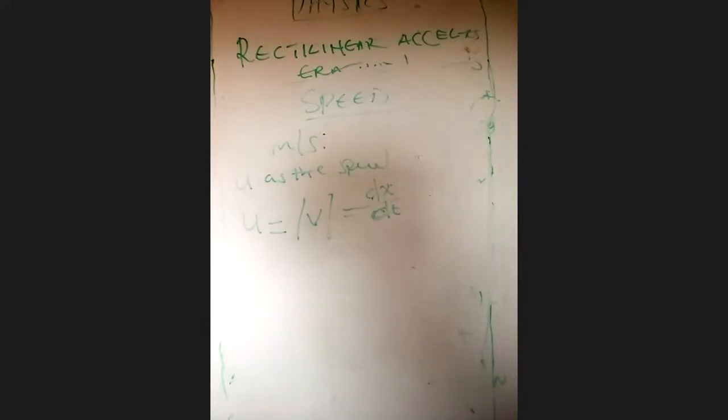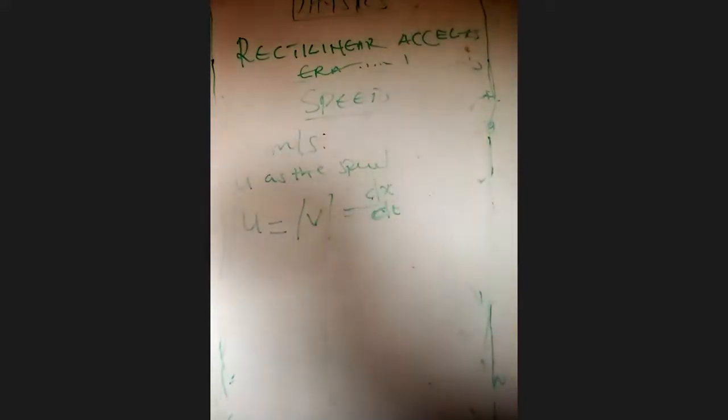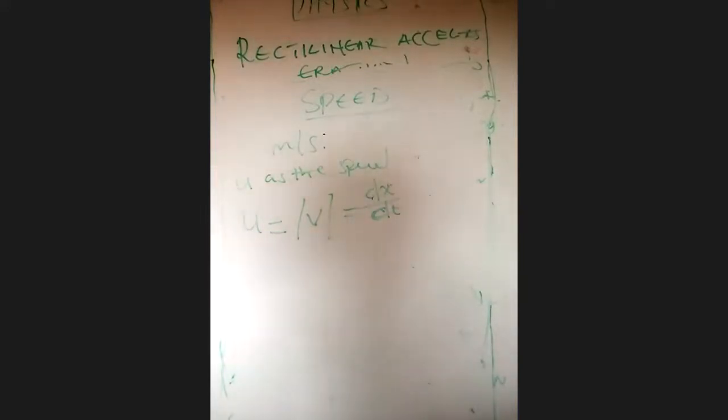Now we move from there to instantaneous velocity, where V is the limit of displacement over time, which gives us ds/dt. That is the instantaneous velocity.